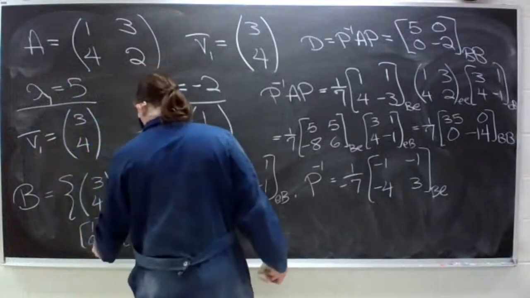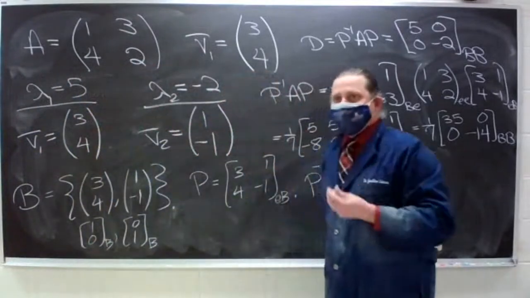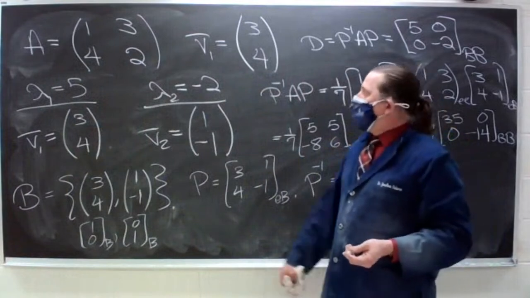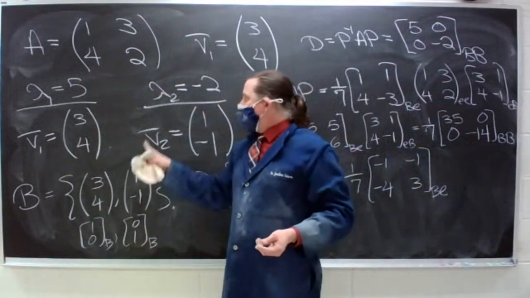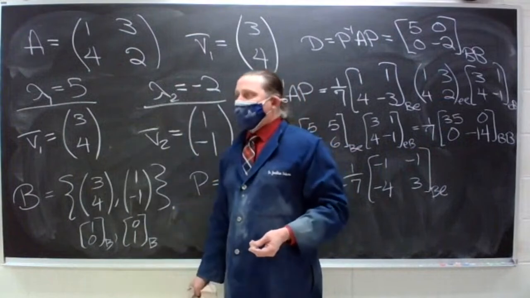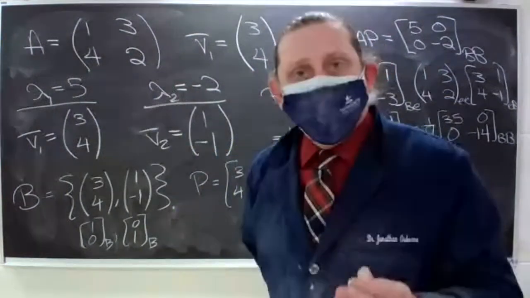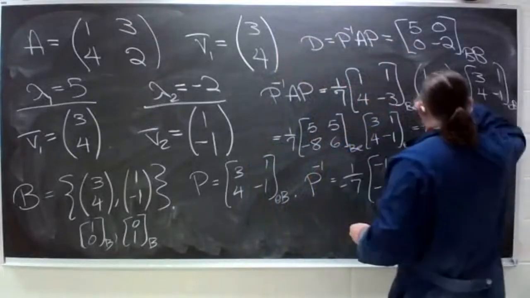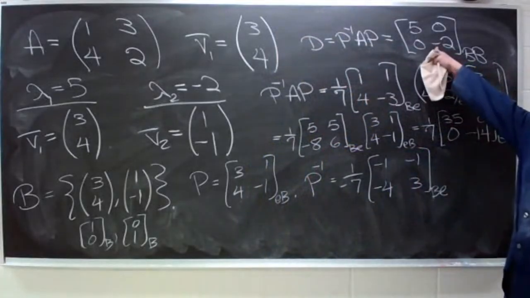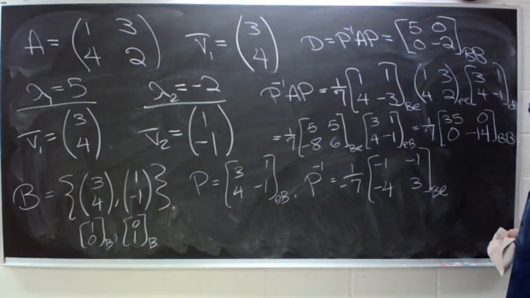Matrix A, when acting on this vector, has to give 5 times that vector. Matrix A, when acting on that vector, has to give -2 times that vector. So that means in the B basis, matrix A has no choice but to be represented by this diagonal matrix.